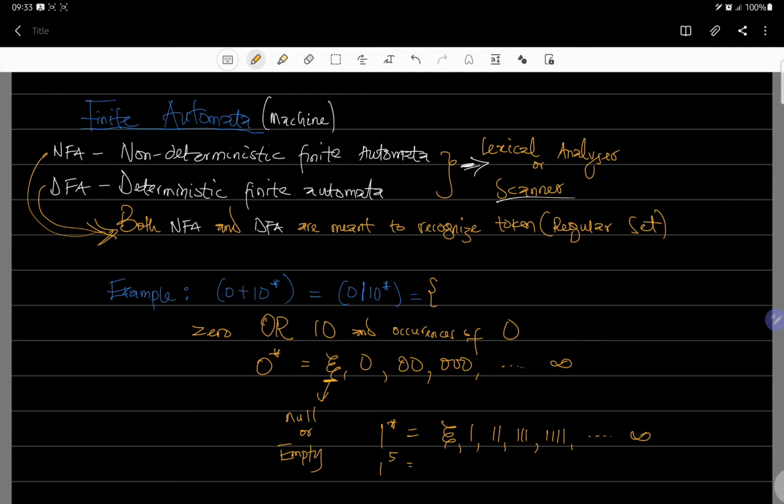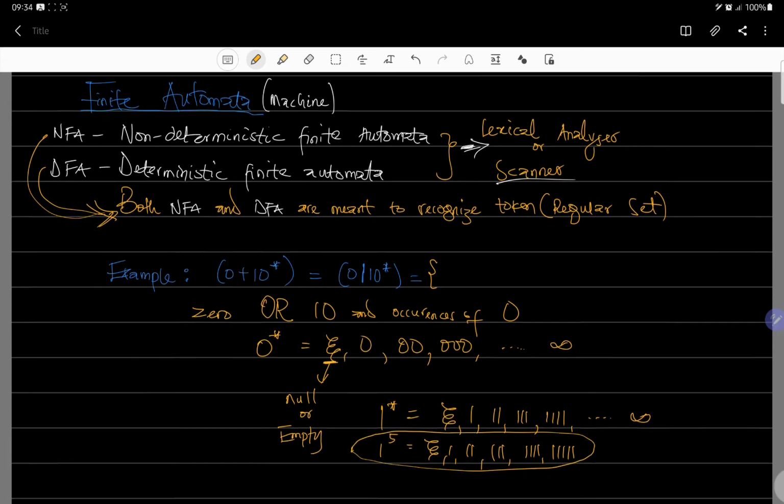That means it might not occur, it might occur once, it might occur twice, or 3 times, or 4 times, or 5 times, but it cannot occur 6 times or more. So these are the only sets that can happen for 1 raised to power 5.